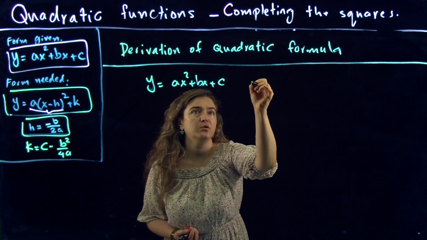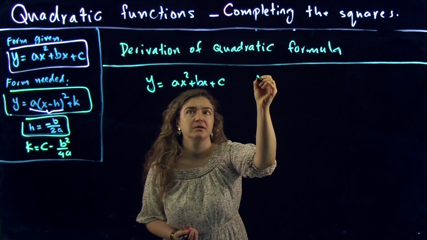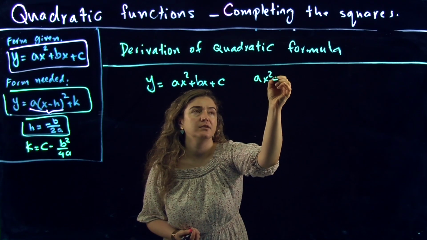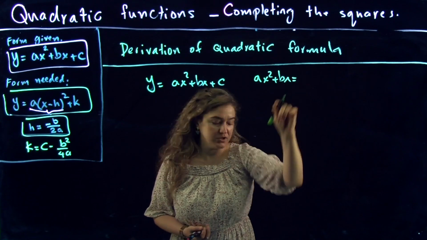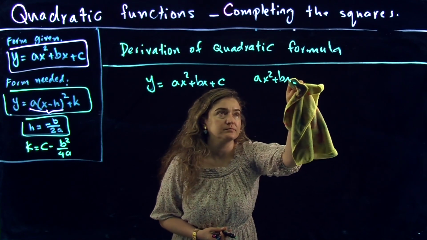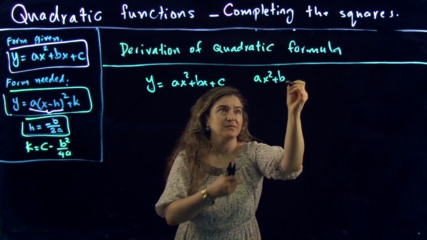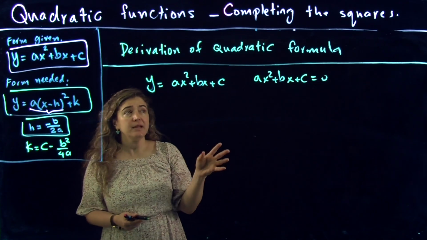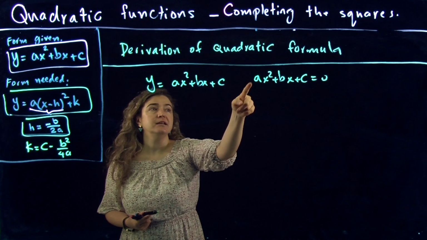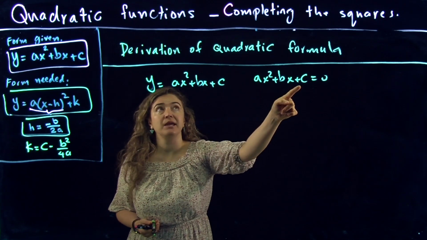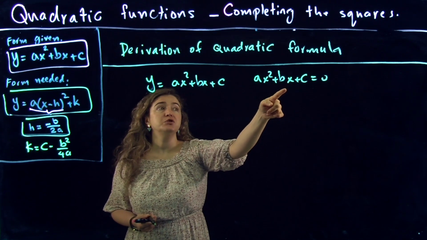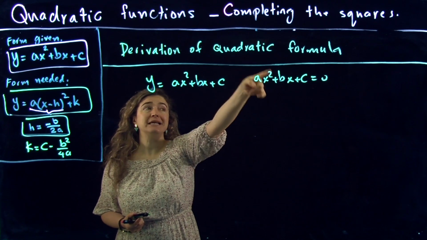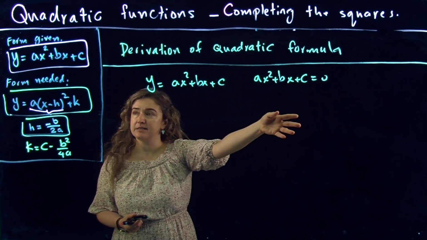So the quadratic formula finds zeros of this function. Now, instead of finding zeros directly from here, I'm going to complete the square and then find the zeros.